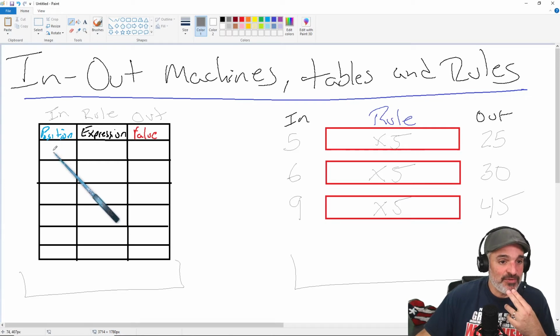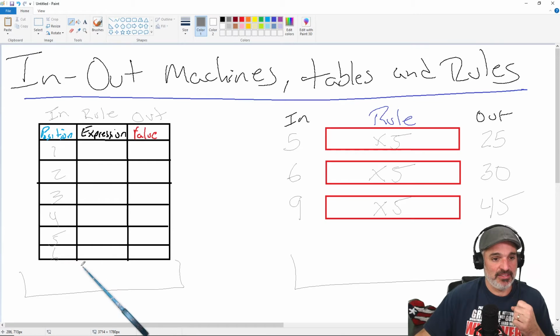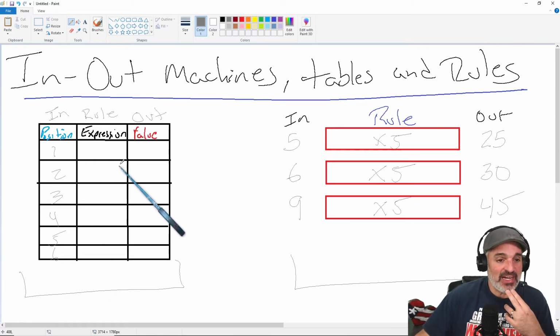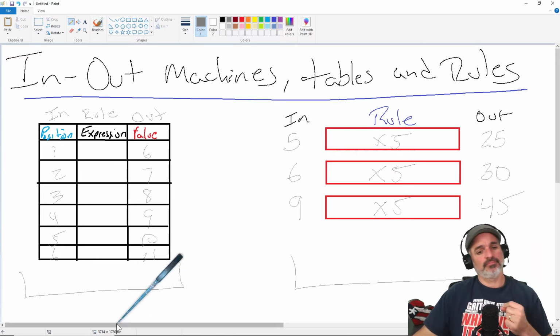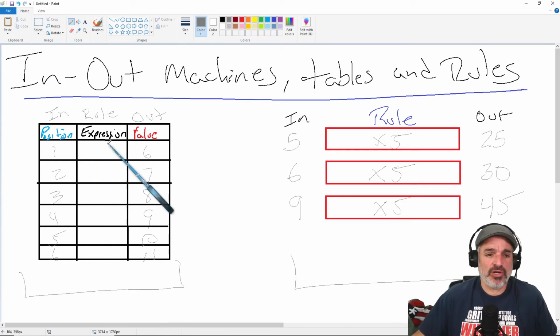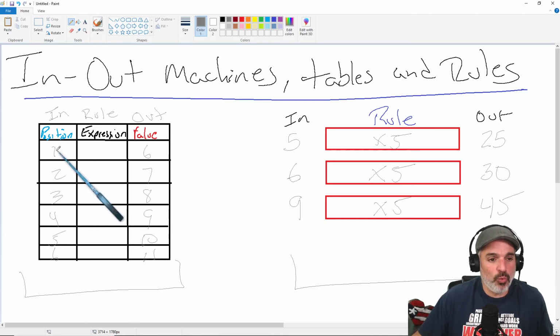For example, if I give you the positions 1, 2, 3, 4, 5, and 6, and I gave you the value as 6, 7, 8, 9, 10, and 11, and I ask you, okay, so what is the expression? Well, you have to find a way that the 1 turns into the 6. You have to say, how do I turn a 1 into the 6 that is the same way that I turned a 2 into a 7?